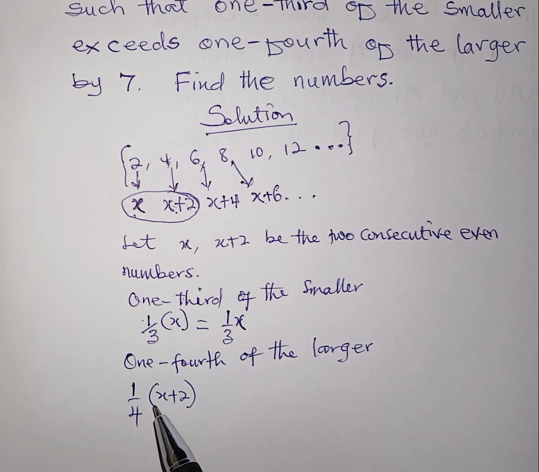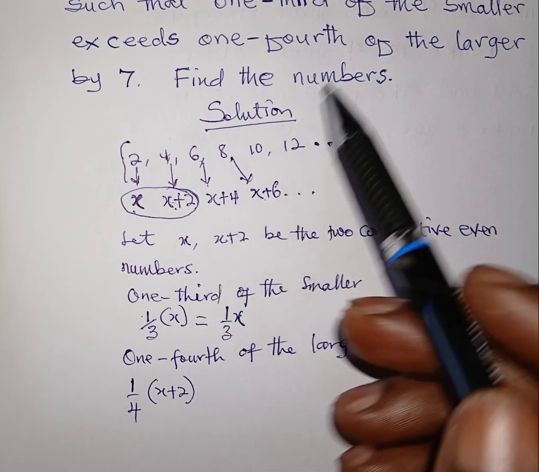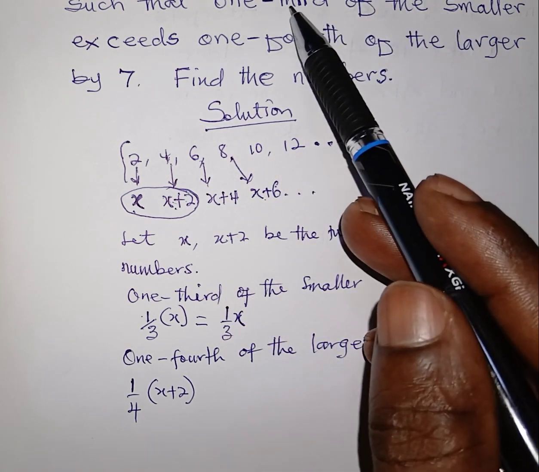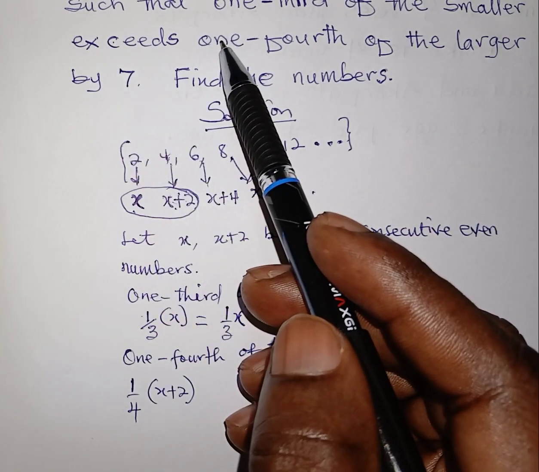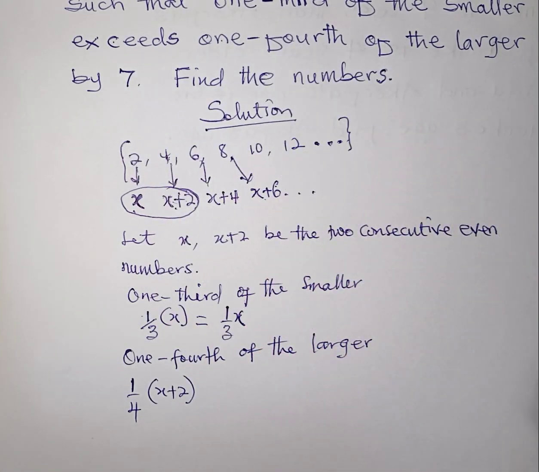Okay, good. So once you have this, then we are saying that 1/3 of the smaller exceeds 1/4 of the larger. Now when we say it exceeds, it means that it is more than 1/4 the larger.